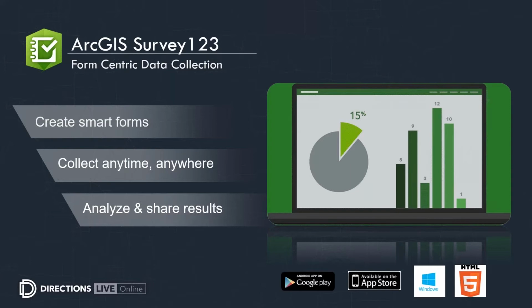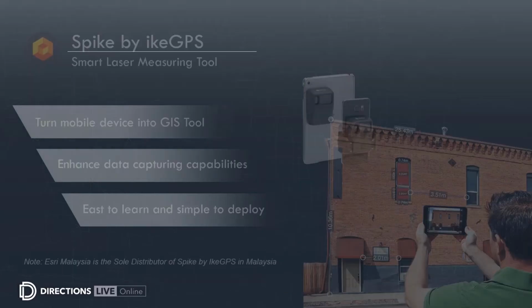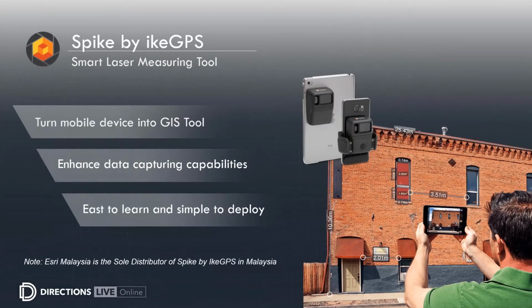So in order to help you in inspections, apart from planning and the data capturing form, what else is important is the measuring tools. We are offering this Spike by iGPS.